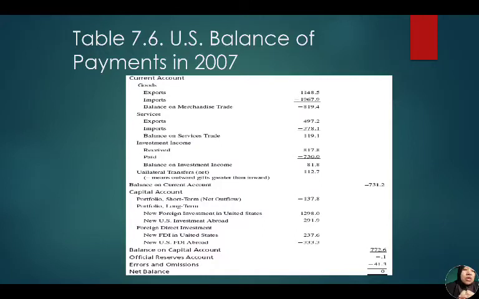The second account, which is the capital account, has portfolio, short term and long term, plus and minus, what they do abroad, and the FDI they receive in the USA. The balance on the capital account is positive, compared to the current account, which is negative 731.2.